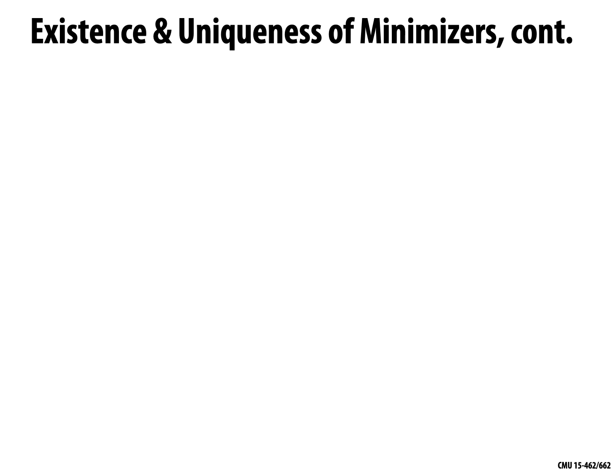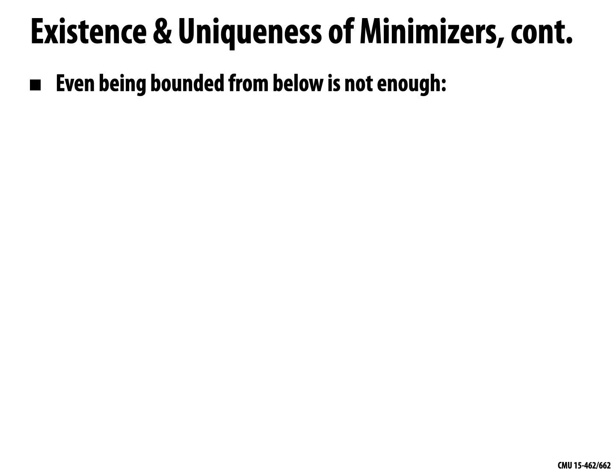We just look in that feasible set, we look at all valid points, we test the value of the objective function, and we keep the smallest one. Sounds pretty good. Actually, it's still not that simple. So even being bounded from below is not enough. How can that be?